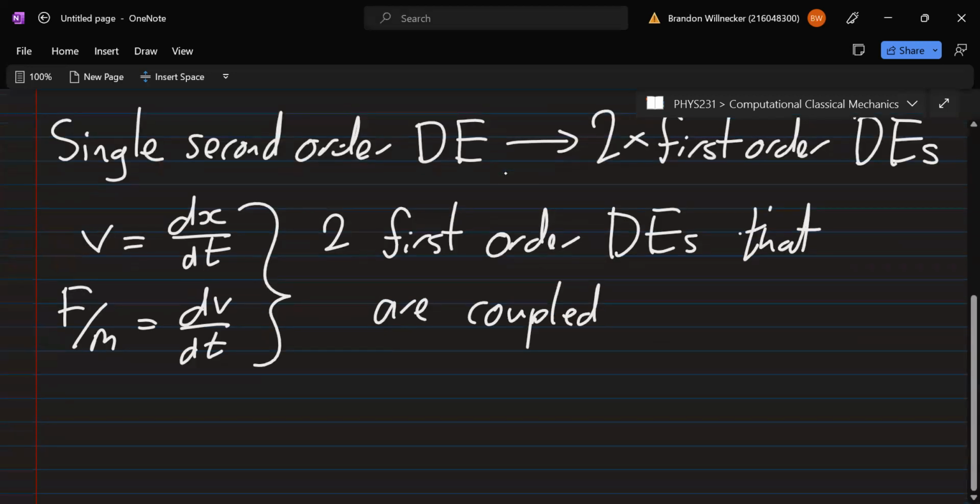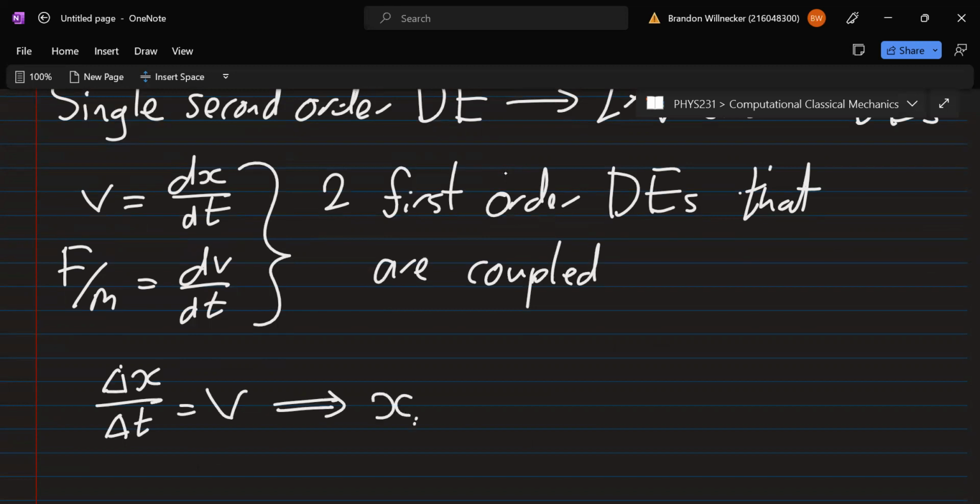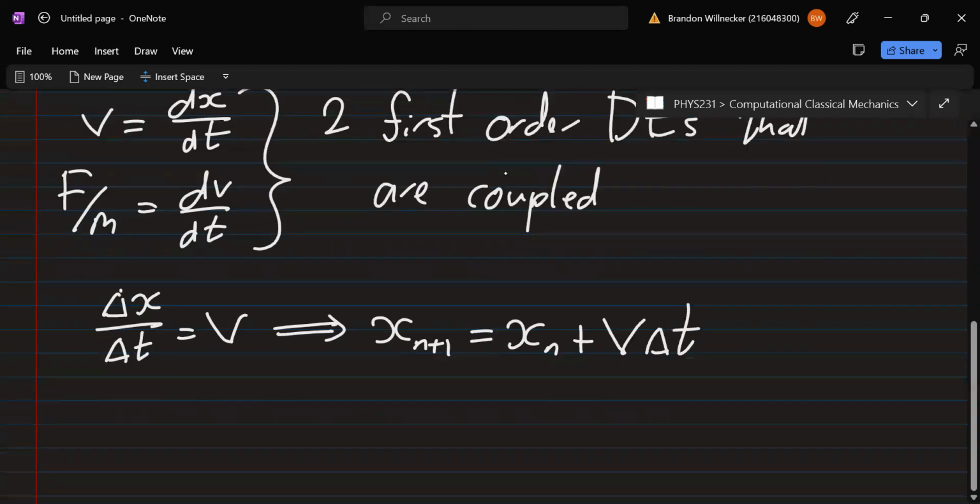So the typical thing that we're going to be doing is taking these and solving them computationally. The first one, dx by dt, we're going to write as delta x over delta t is equal to v. And this is going to give us x_{n+1} is equal to x_n plus v delta t, like we had before with those other first order equations.